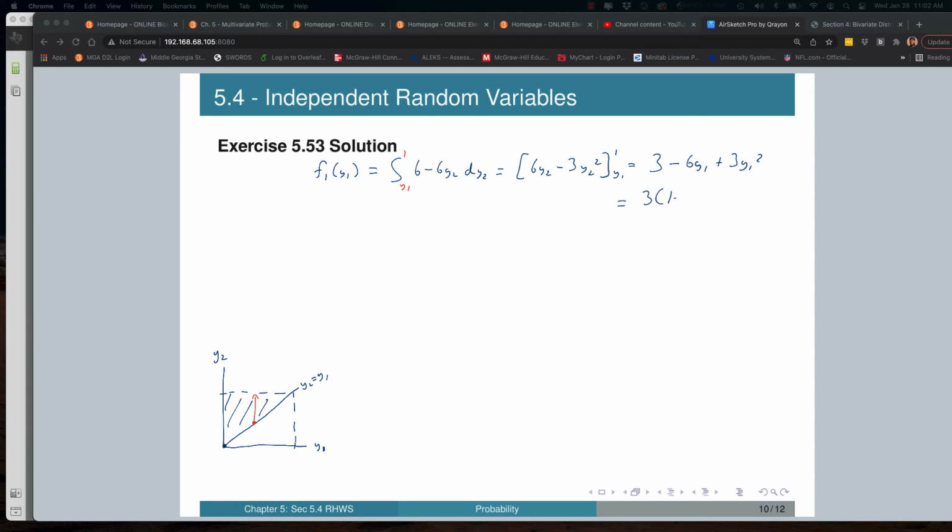That's 3 times 1 minus y sub 1 quantity squared when we clean it up, for 0 less than or equal to y sub 1 less than or equal to 1. And there's our marginal probability function for y sub 1.